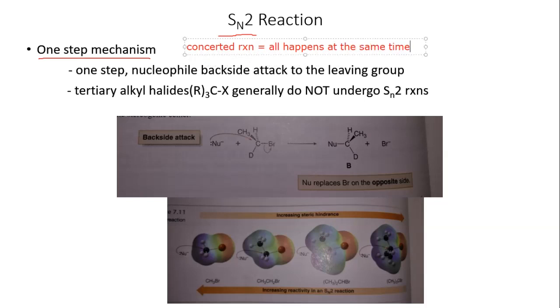So the leaving group leaves from the front. In this drawing here, the bromide is the leaving group, so the bromide leaves, and then the nucleophile attacks from the backside.